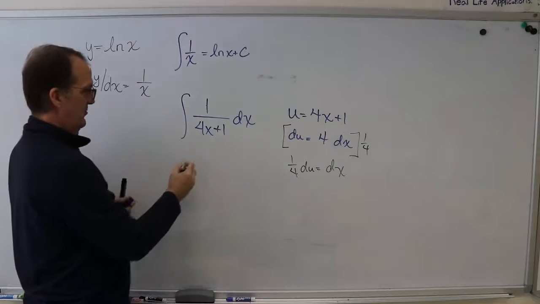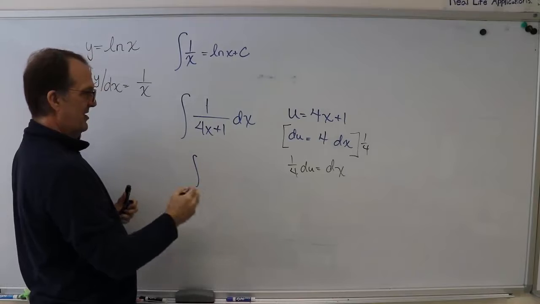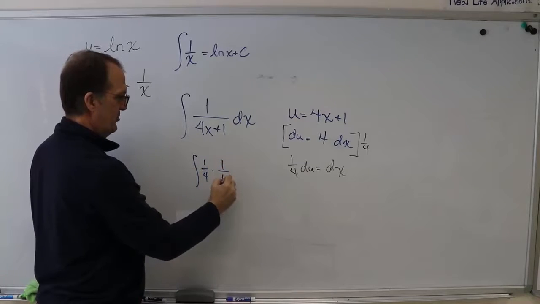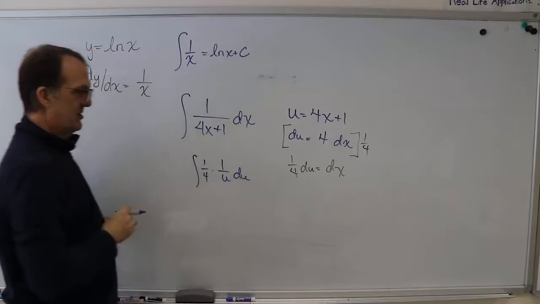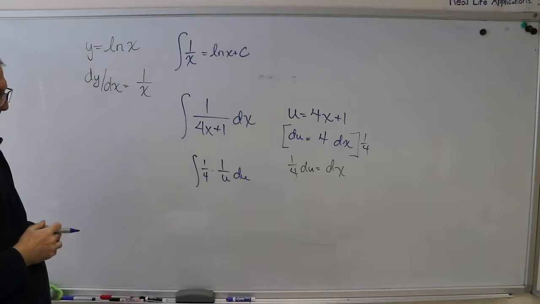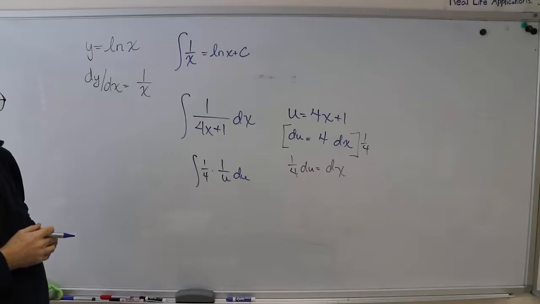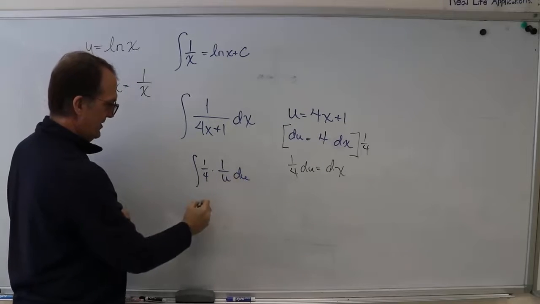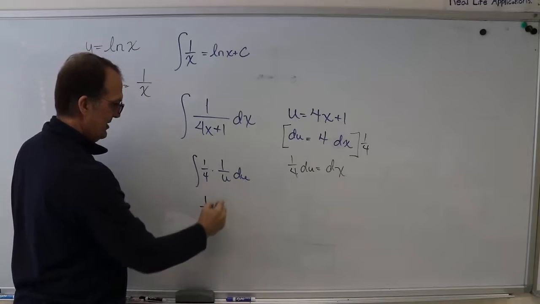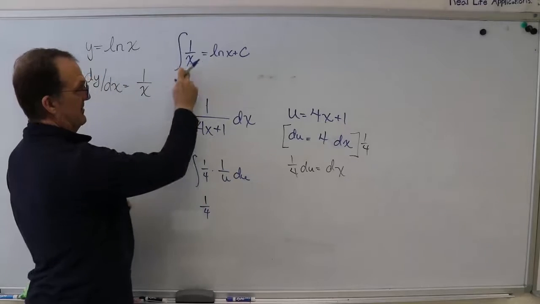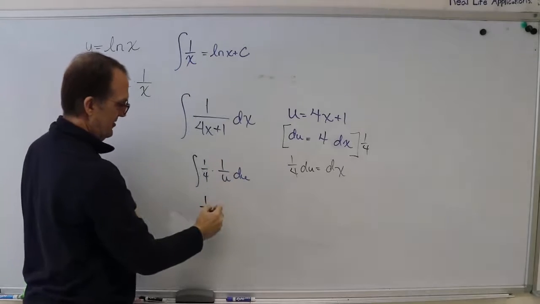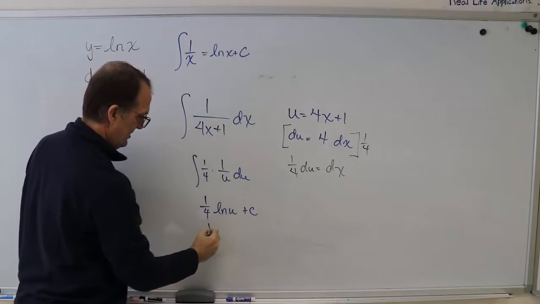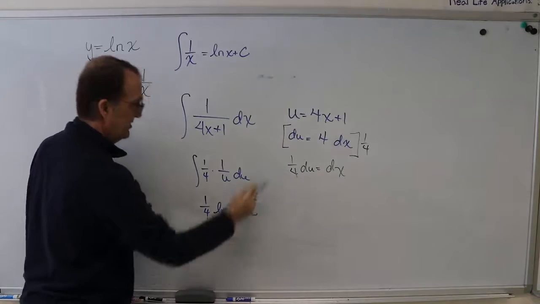And when I write this, I have 1/4 times 1 over u du. We're okay with that? Okay. And so the 1/4 just stays out. The integral of 1 over u then is the natural log of u plus c, and replace again u.